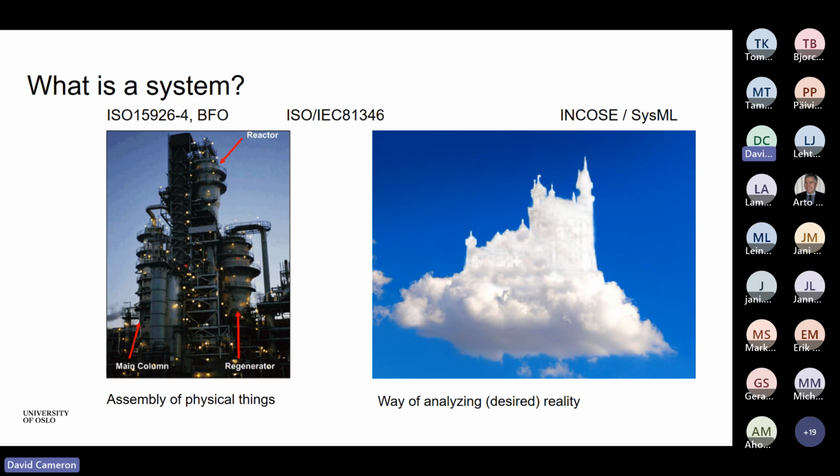Now, ISO 81346, which is a system breakdown standard, seems to be a bit schizophrenic about that. Sometimes it's a conceptual idea, but a lot of the time it's also an assembly of physical things.